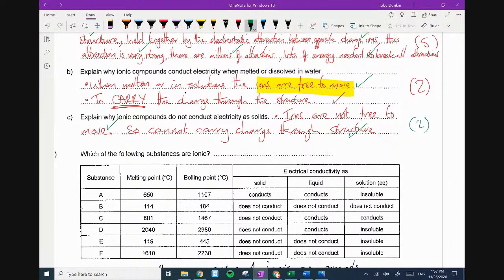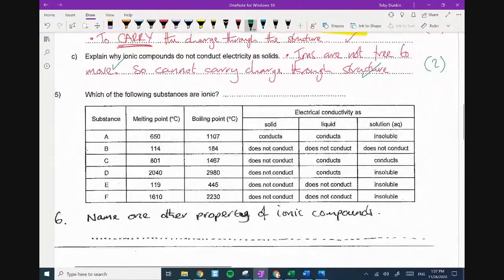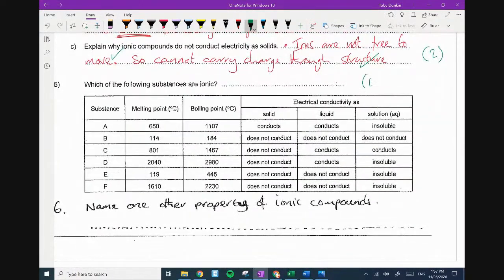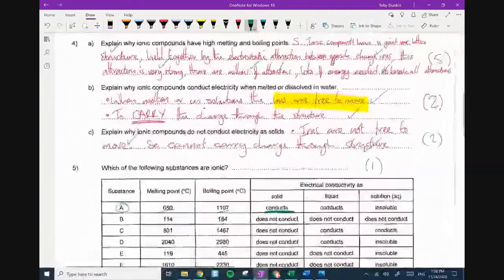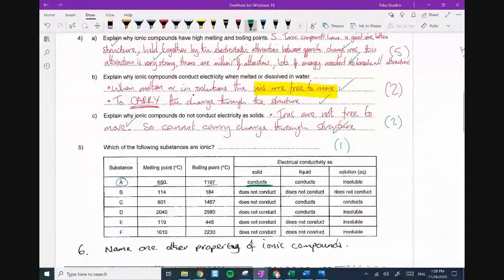Question 4. Which of the following substances are ionic? This is 1 mark, but you need all the correct ones. So is A yes, yes, no. A cannot be. Ionic compounds do not conduct when solid. That will be a metal. So for 4B, I only put 1 thing, as I thought it would only be 1 mark. That's fair enough.